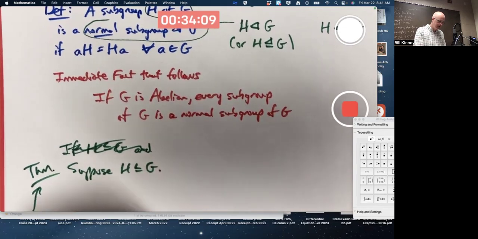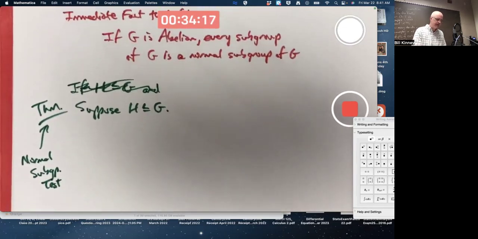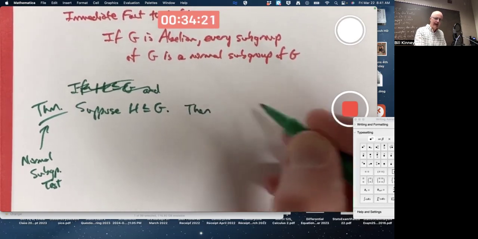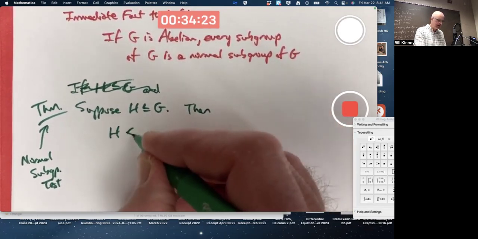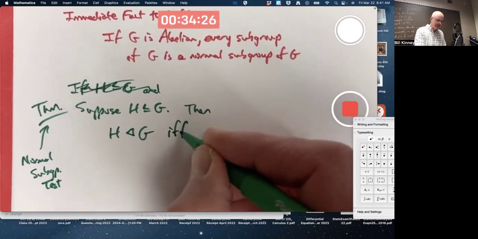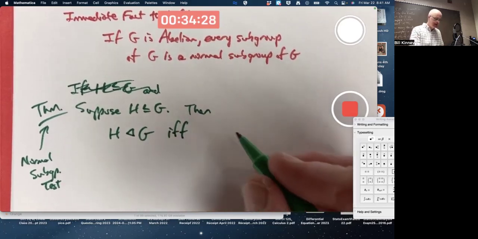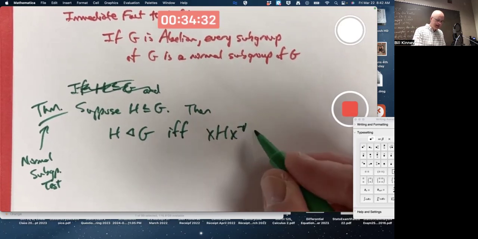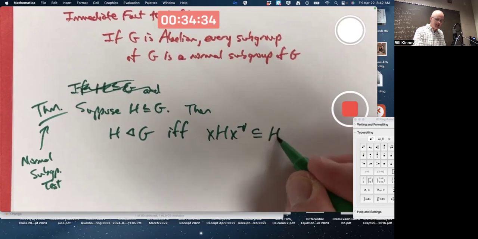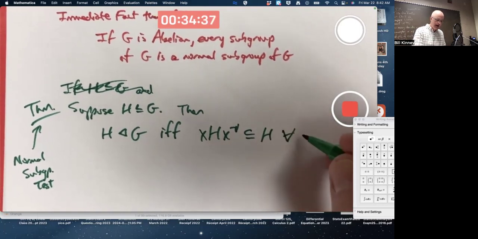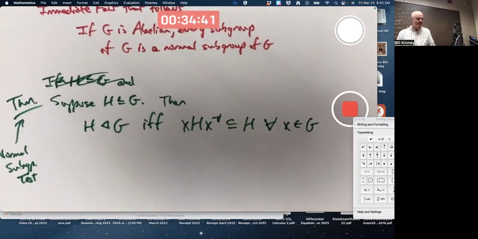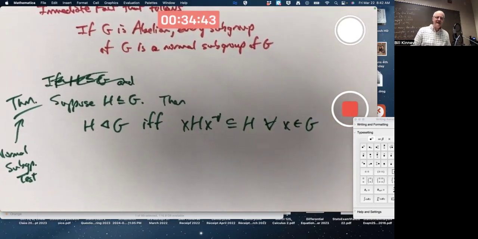Suppose H is a subgroup of G. Then H is normal in G if and only if xHx inverse is a subset of H for all x in G. And in fact, you can say a little bit more than this.